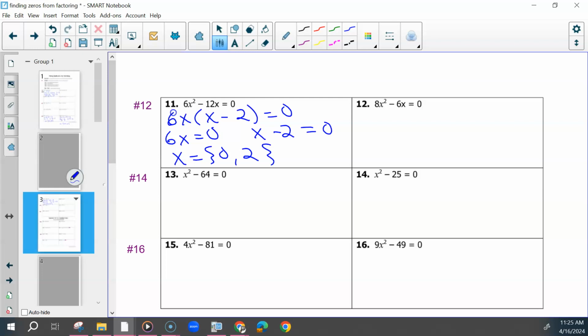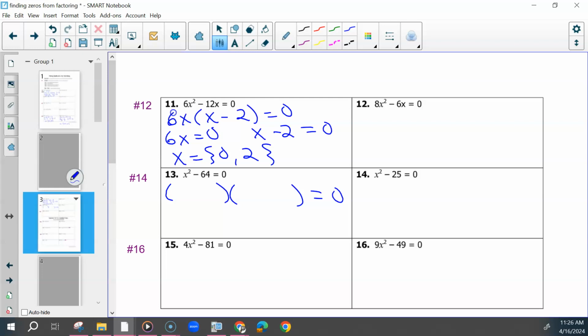Starting with 13, how would we factor that? Difference of squares, because these are both perfect square terms. So that would mean you have two factors. You're looking for what times what will give you x squared, what times what will give you 64, and then put a plus and put a minus.